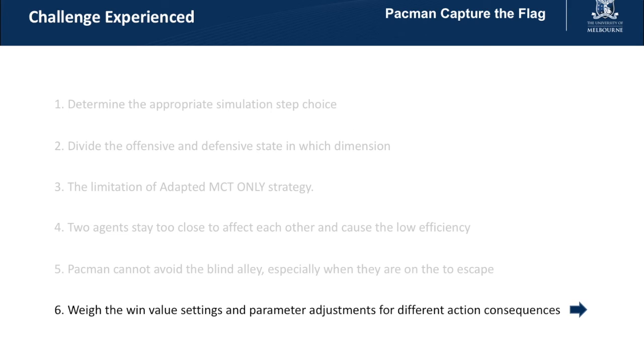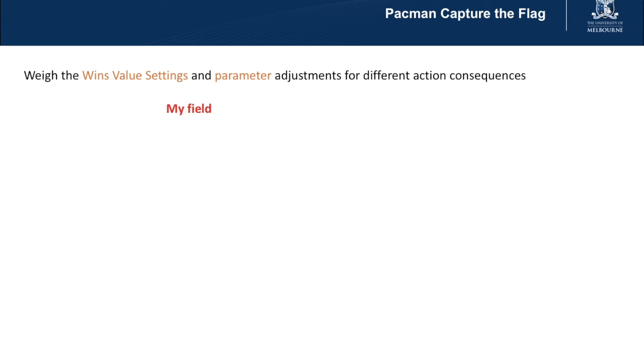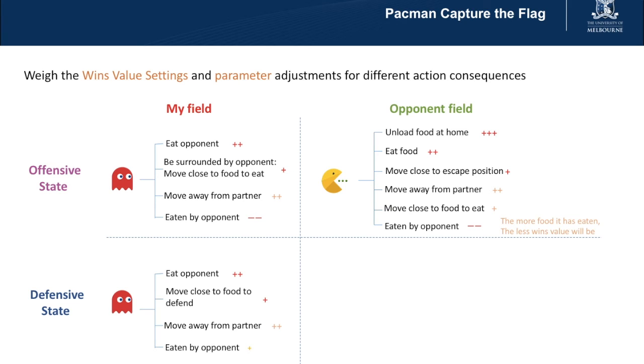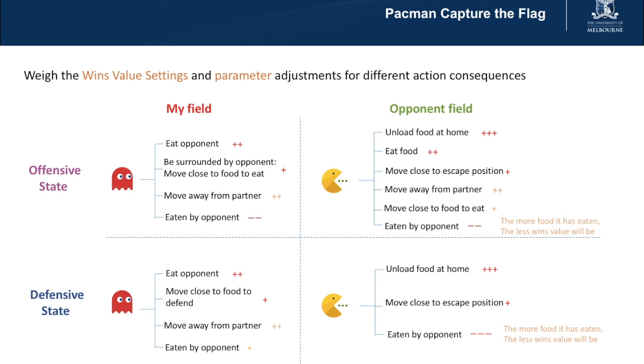The last but also the hardest one is with the wins value settings and parameter adjustment for different action consequences. The environment of the agent is divided into four situations by two aspects, as shown in the picture. Our agents face too many complicated scenarios, and they need to compare the importance and priority of the consequence of each action in different roles and states, as well as the wins value they gained.